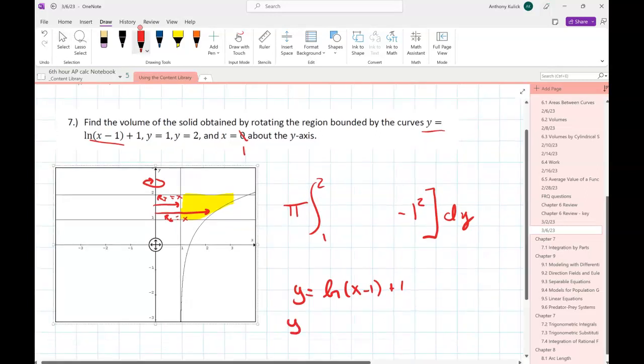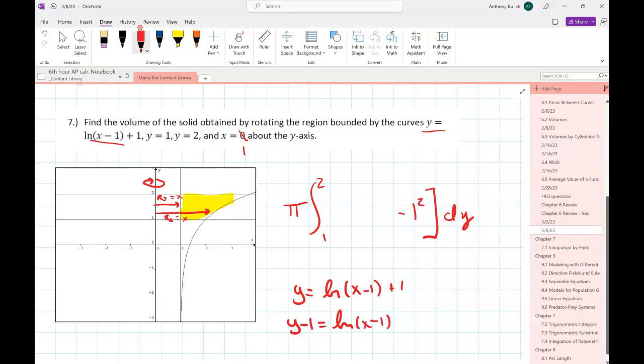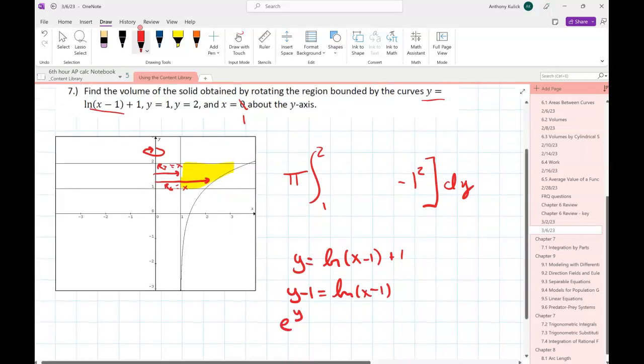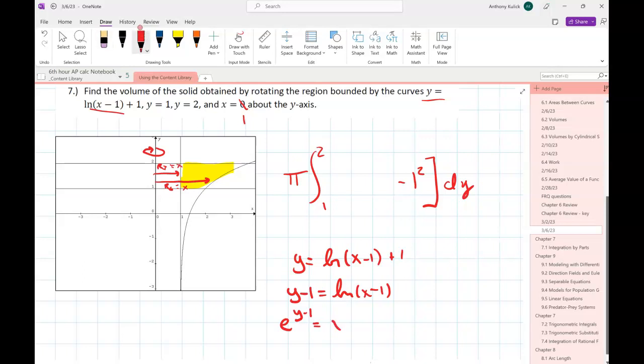So I subtract 1 from both sides, then raise e to both sides, the exponent base e. That e is going to cancel out the natural log, and then add 1 to both sides. And that should be my setup.